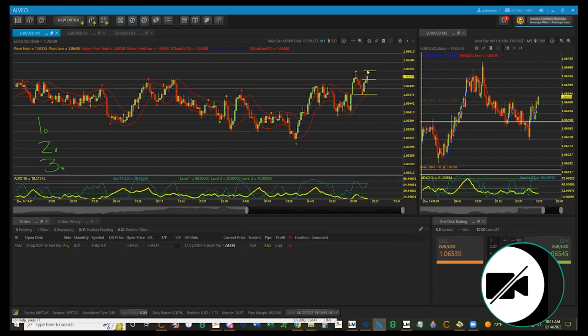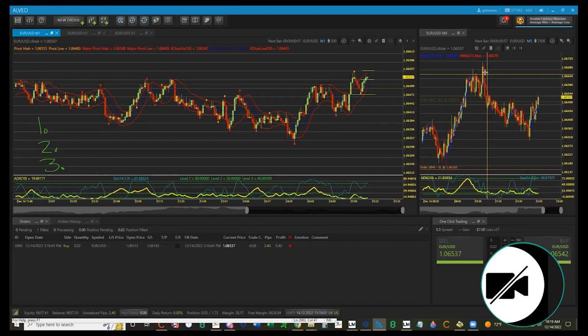If it passes this point, then I would be a buyer until that line. But if it fails, like it's doing now, and if it fails again and makes a bunch of wicks and comes down, then I would be more inclined to sell. So I don't have a clear bias at this minute.